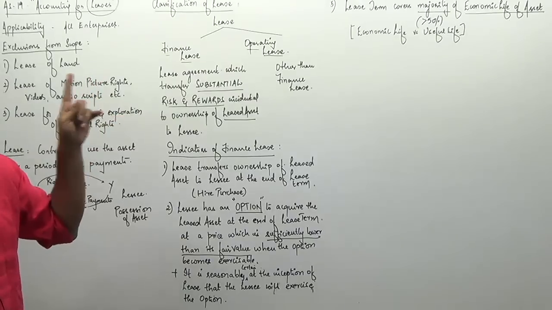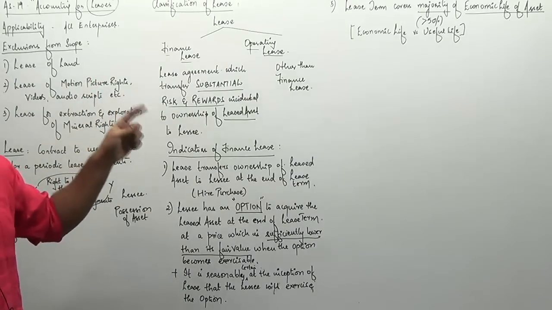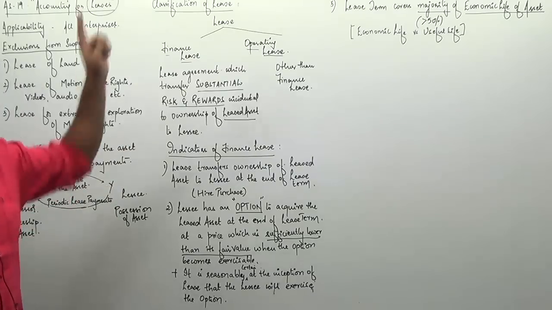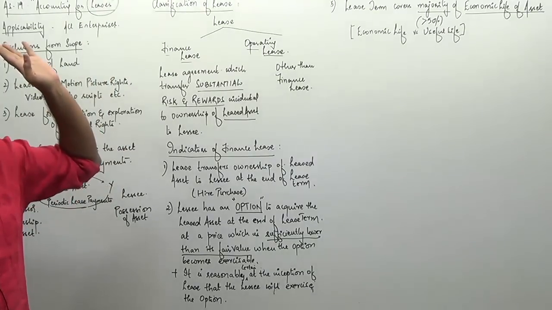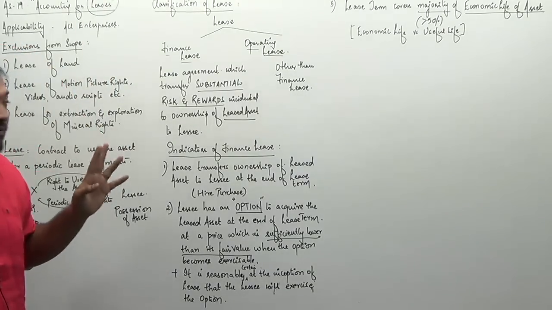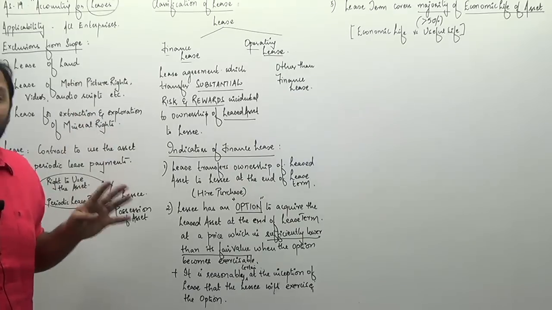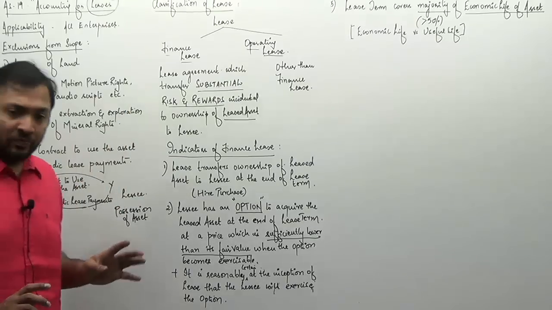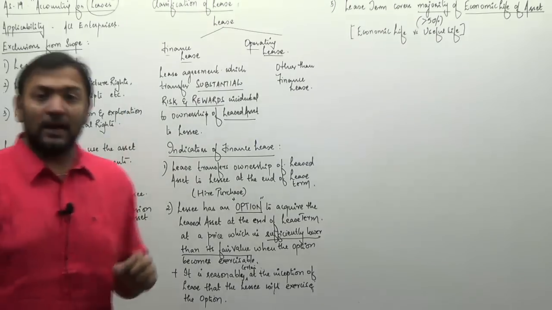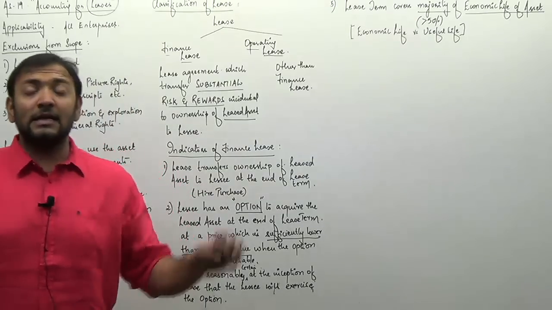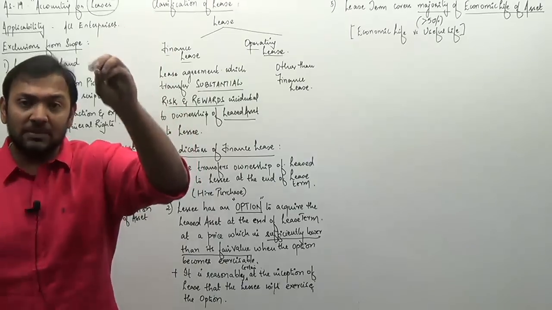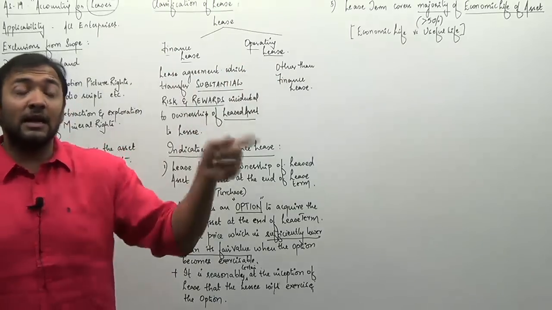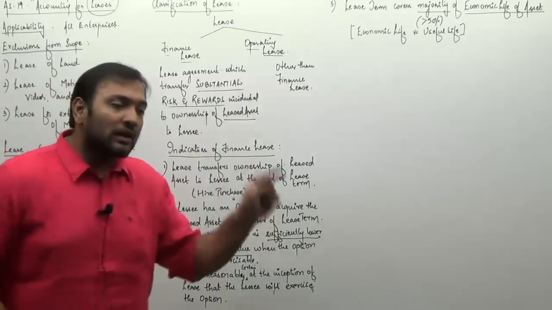Economic life of an asset, this term you will see only in AS 19 and AS 28 impairment of assets. There are only two places where we use this word economic life. Otherwise, normally, whatever we use is useful life. If you remember depreciation also, AS 6 very clearly says cost minus estimated residual value divided by estimated useful life of the asset.